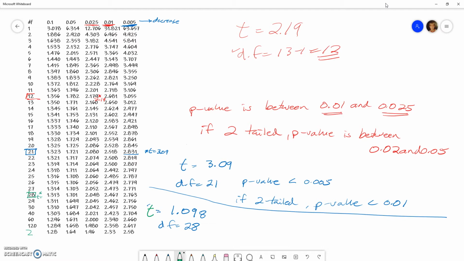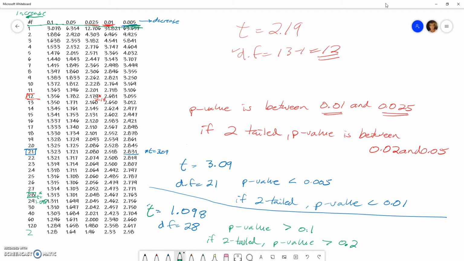There's our t-value, 1.098. So this p-value is going to be greater than 0.1. The values at the very top increase going this way. The p-value is going to be greater than 0.1. If two-tailed, we double that, and basically say that it's going to be greater than 0.2 or 20%.